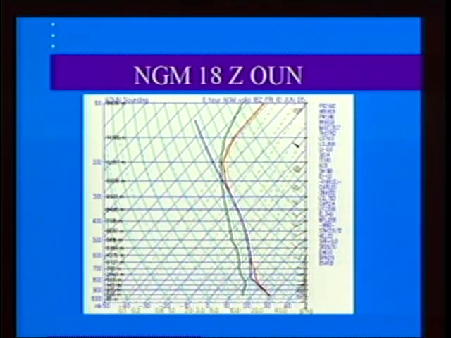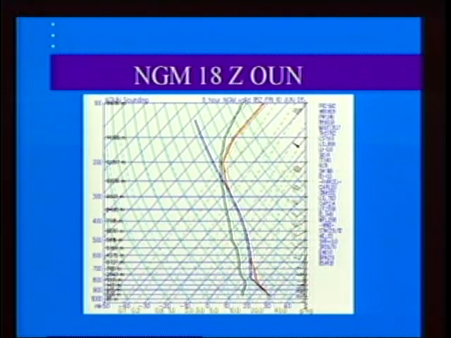And one thing as a forecaster, you ask yourself, why is this sounding so much different from the others? In examining the sounding, you'll notice that the temperatures aloft here in the middle troposphere are warmer according to this model. And if you have warmer air aloft, that is going to decrease your instability.